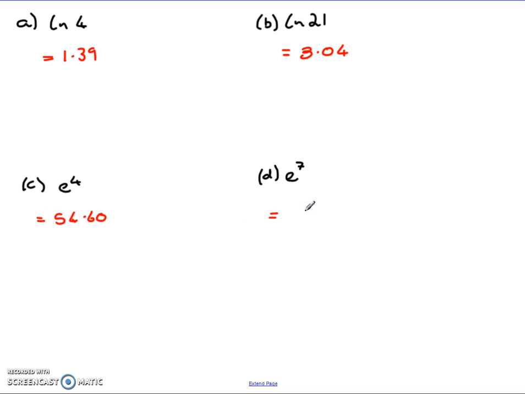And the last one, e to the power of 7, gives you 1096.63. So that's what you get if you can work the calculator and put these values in properly. That's what we just needed to check first.